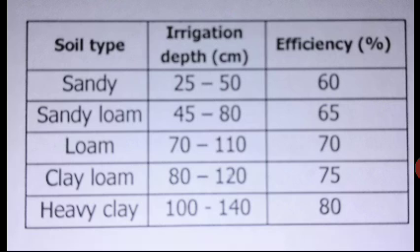The quantity of water needed for net irrigation on various soil types per meter depth of soil profile at 50% of soil moisture availability is shown on the screen. You can see the soil type, irrigation depth, and efficiency in percentage.